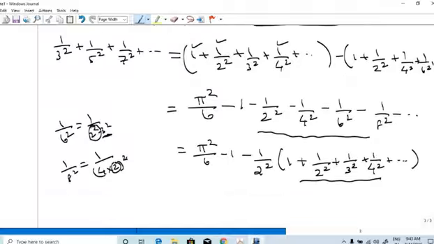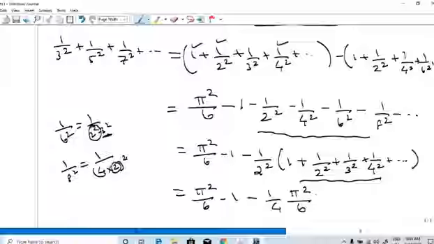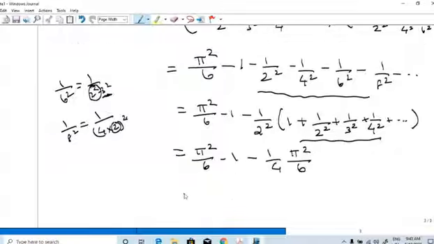So again this value is nothing but pi square by 6. Therefore we have pi square by 6 minus 1 minus 1 by 4 into this value, which is pi square by 6. Okay. Now you can take pi square by 6 outside: 1 minus 1 by 4, and then remaining minus 1. So 1 minus 1 by 4 is nothing but 3 by 4.